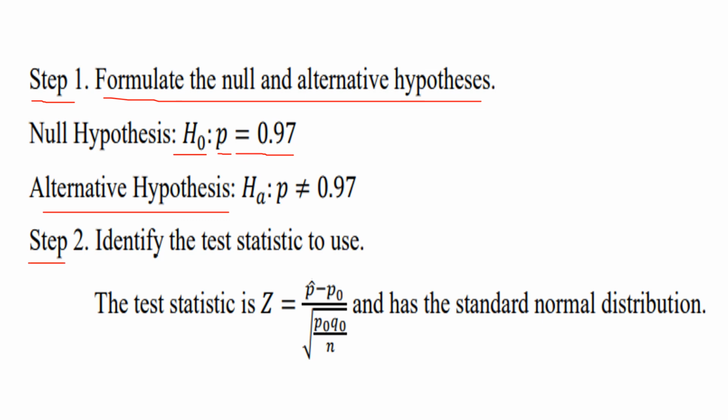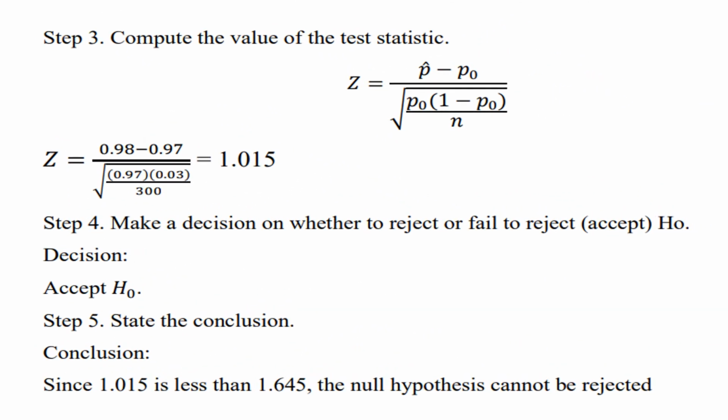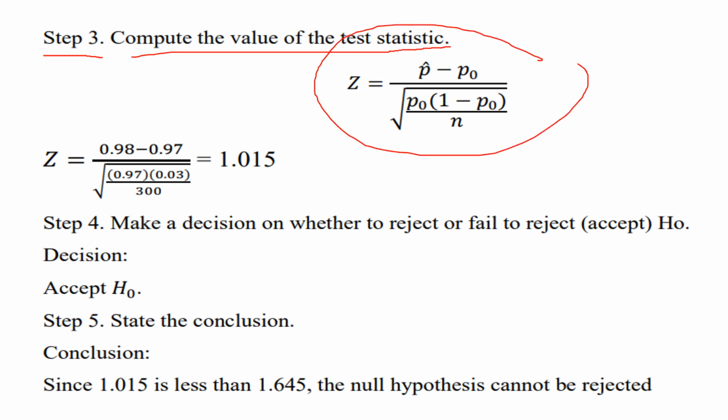So step number 2, identify the test statistic to use. We just simply use again this formula, and we assume that it has the standard normal distribution. In step number 3, compute the value of the test statistic. With the given formula, we just simply substitute the given values and computed values for your p-hat, your p-sub-o, and the given value for your n.